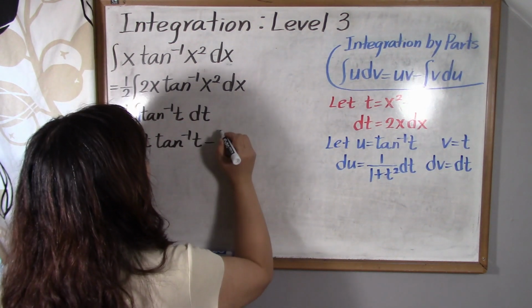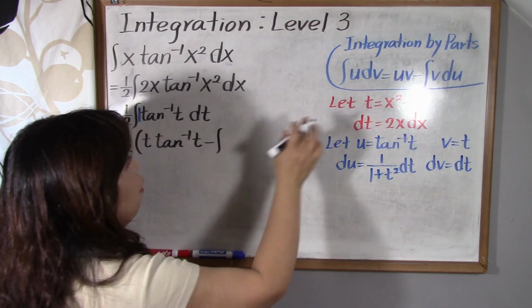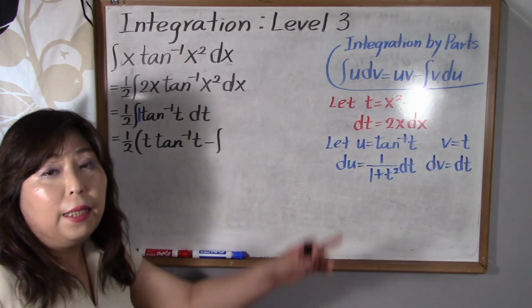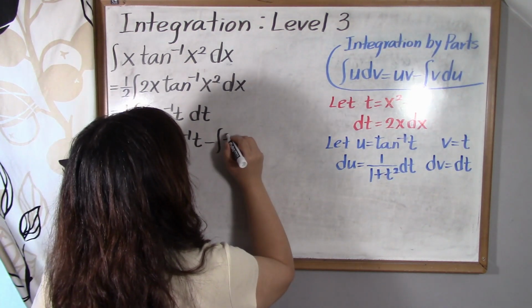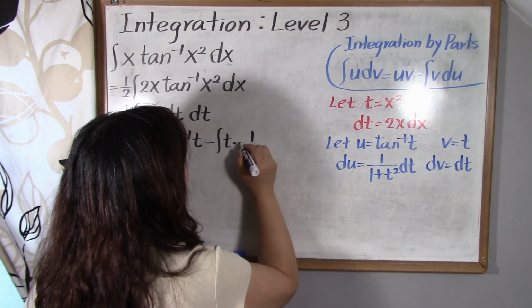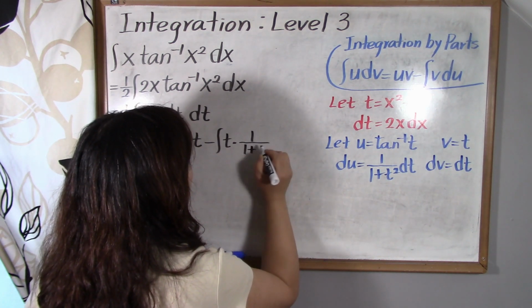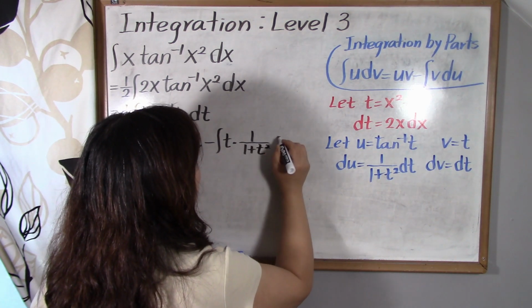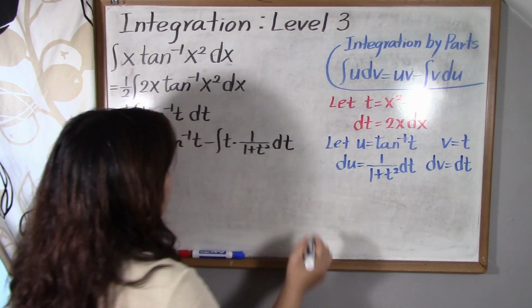So, minus integral of v du. v is t, and du is 1 over 1 plus t squared dt.